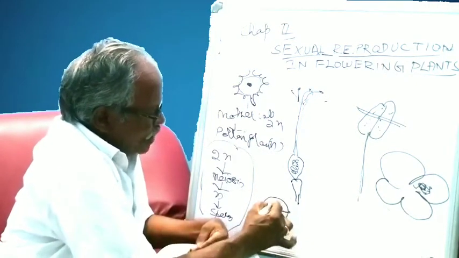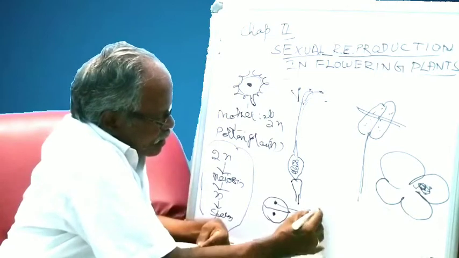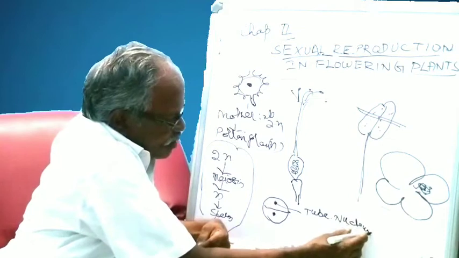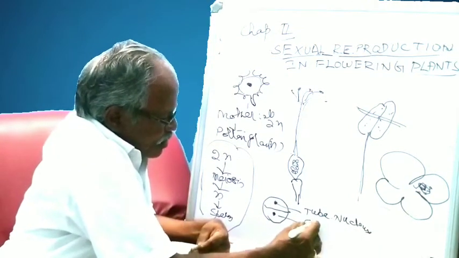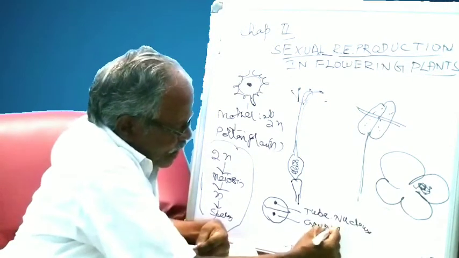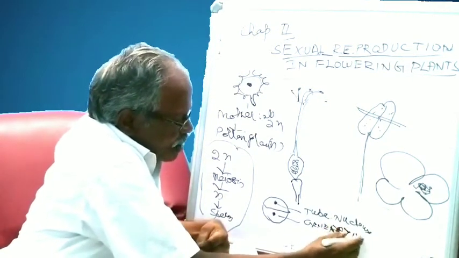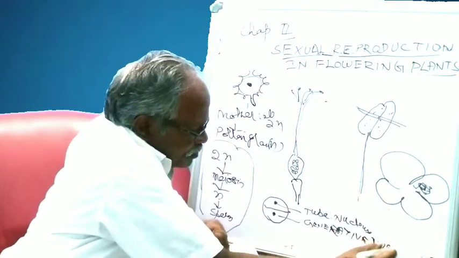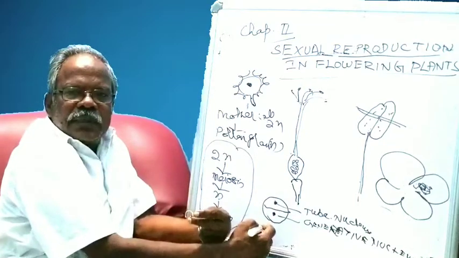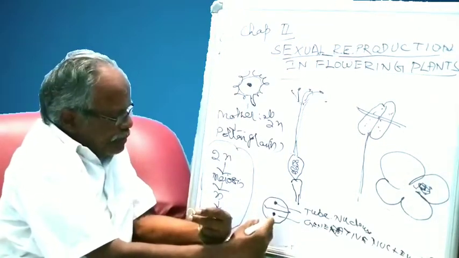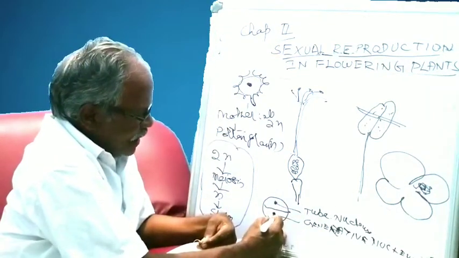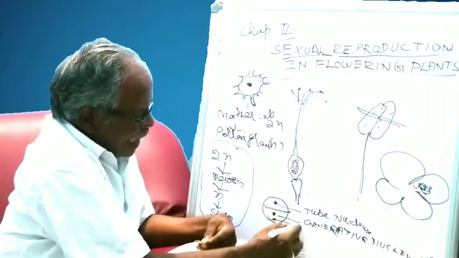First one is the tube nucleus, and another one is called the generative nucleus. The generative nucleus is again divided into two by the process of mitosis, and it has n number of chromosomes.